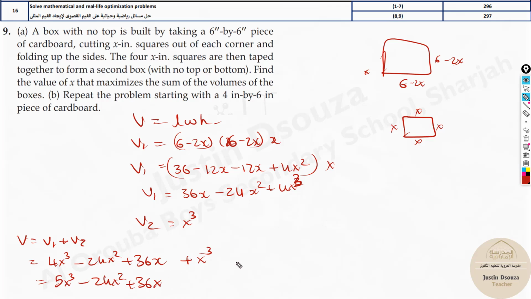That's V of x. Now we need to differentiate this. V dash of x will be equal to, 3 comes down, 15x squared minus 24 into 2 is 48x plus 36. Now make this equal to 0 and put it in the calculator and solve it.